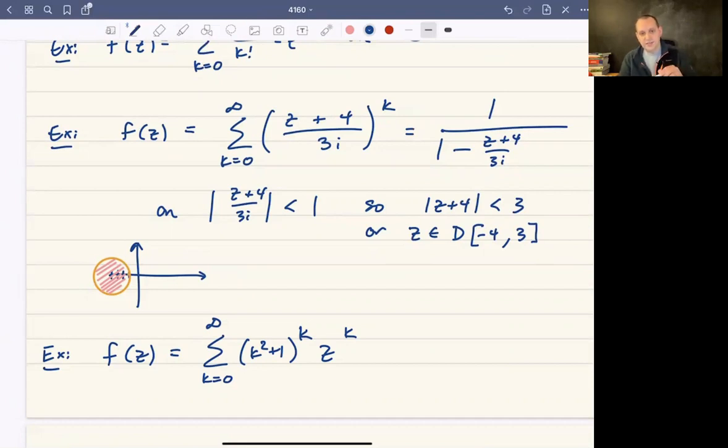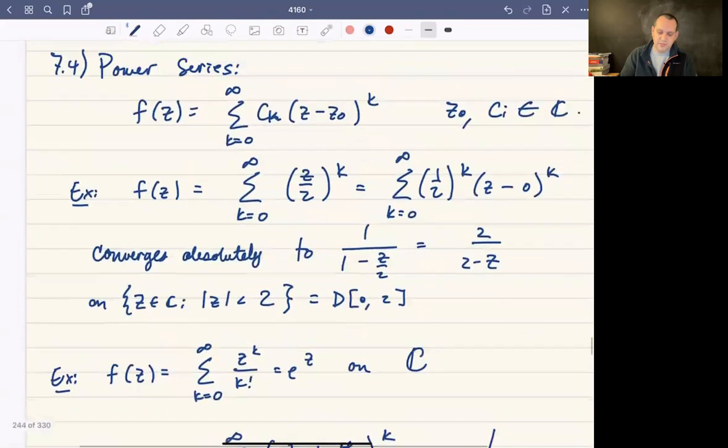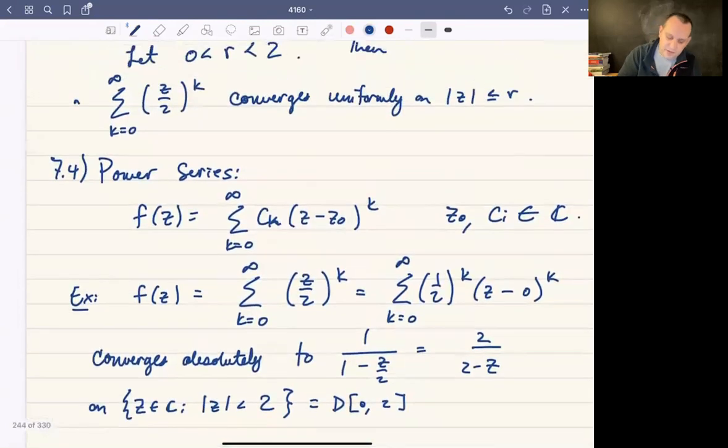And if z is equal to 0, the only term that's going to be valid is the first one, because whenever you have a power series, let me just back up for 1 second. Whenever you have a power series, the sum of c sub k, z minus z naught to the k, where k goes from 0 to infinity.